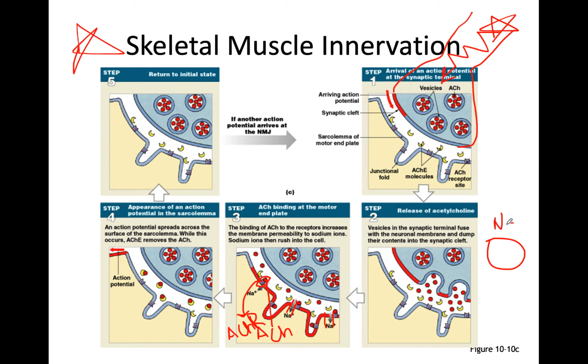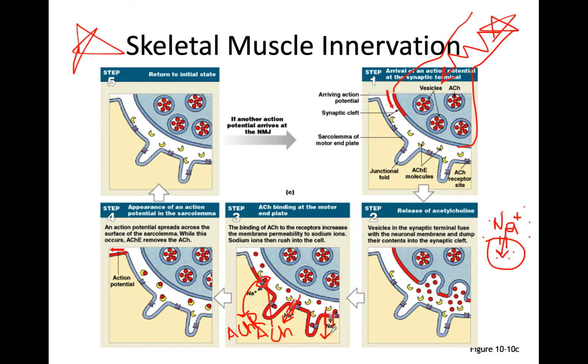Outside the cell. So if you have high sodium outside the cell and you open a door for sodium, is the sodium from inside the cell going to want to leave the cell, or is the sodium outside the cell going to want to enter the cell? Per diffusion, sodium is going to want to enter the cell.